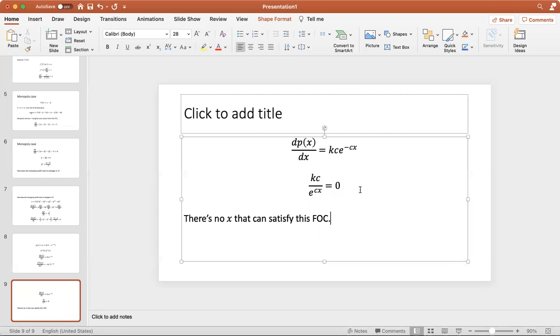You can assign arbitrary values for k, for c, and for a, and check whether there's an optimum, and obtain the optimum value for the function graphically. But as it is, using the first order condition doesn't cut it. There's no x that will satisfy this first order condition.